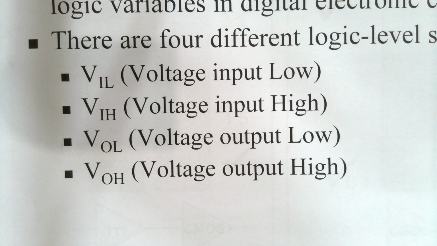Now let's look at the output parameters, VOL. You have to keep in mind that whichever IC we use, whatever technology we are building it with, it has to specify its outputs on the output pins, which could take the values 0 or 1. So if that IC wants to specify a logic 0, it will have to do so in the form of a voltage within the range of VOL, which is the voltage output low.